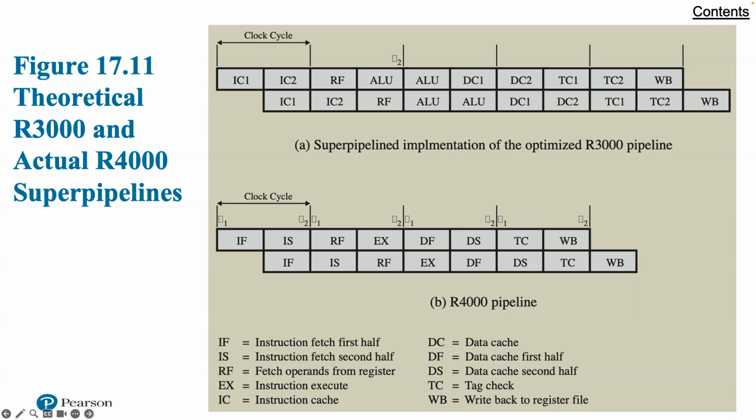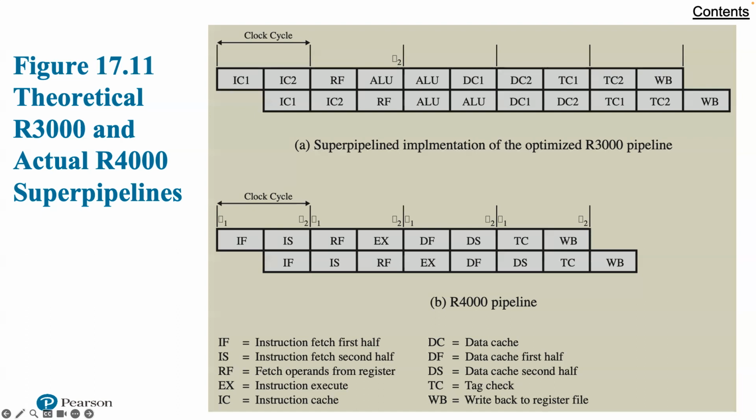The R4000 technology has the speed and density to permit superpipelining of degree 2. Figure 17.11A shows the optimized R3000 pipeline using superpipelining. Note that this is essentially the same dynamic structure as shown in 17.10C.